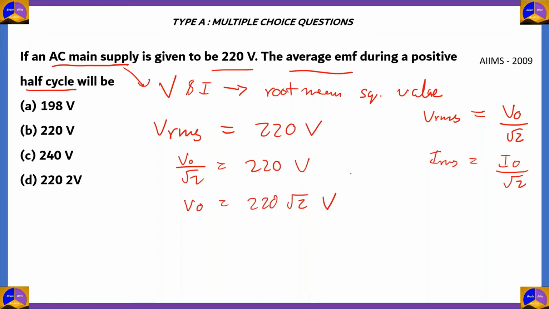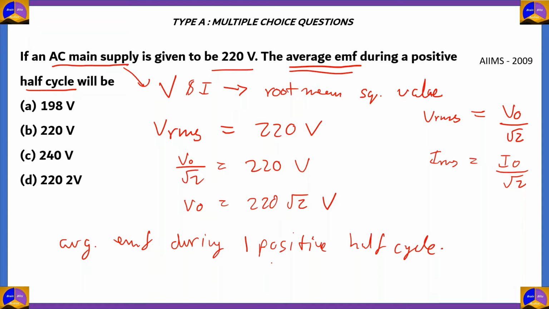Now, our question is to find out the average EMF during a positive half cycle. How do you find the average EMF during one positive half cycle? We use the formula 2 by pi into V naught.